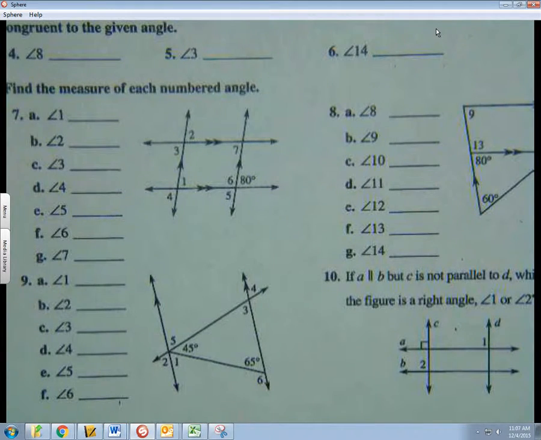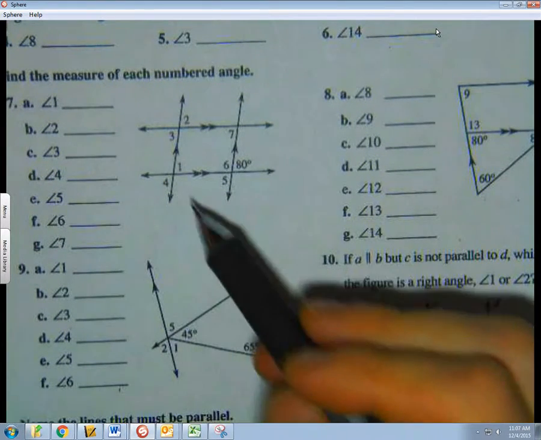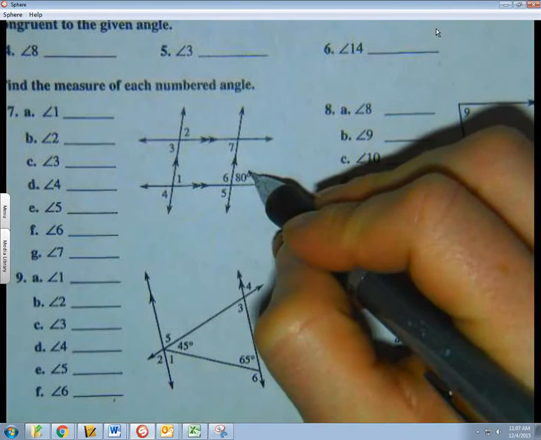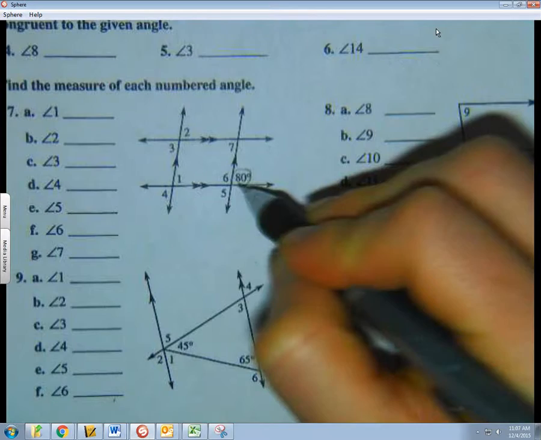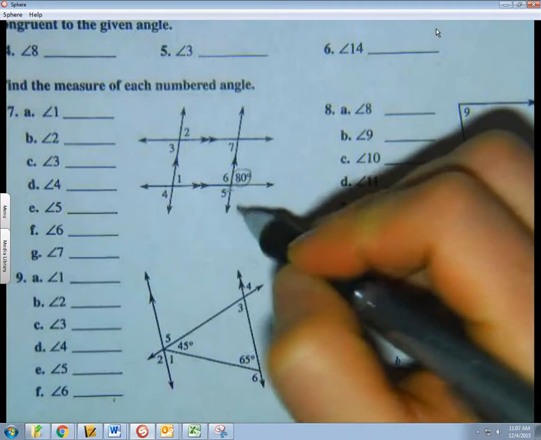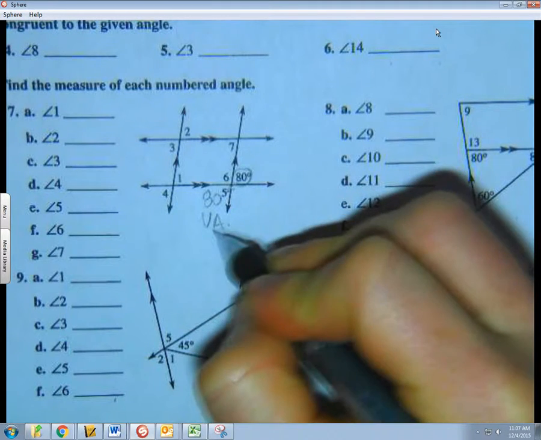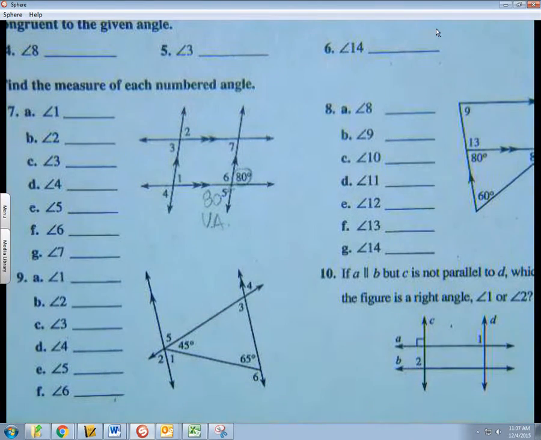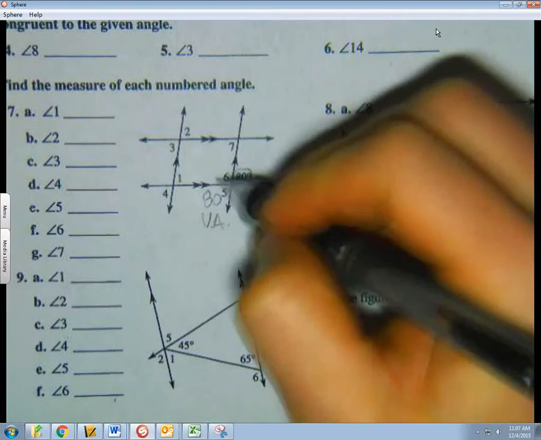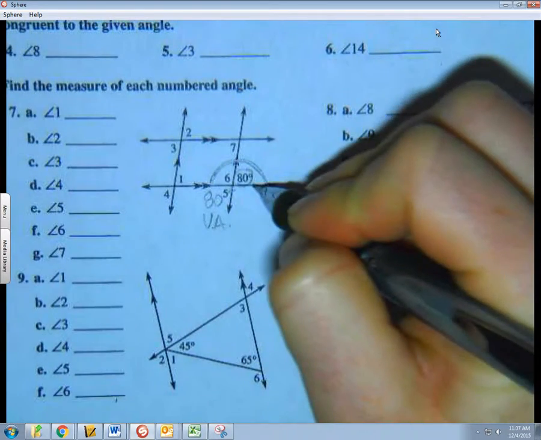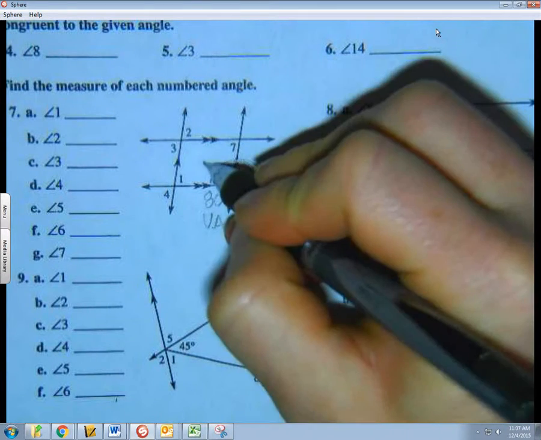So the identifying is the easiest piece and the actual solving is the harder piece. So 80, those are vertical. That's 80. Put VA for vertical angles. Okay. These two form 180. So if this is 80, then this is 100.